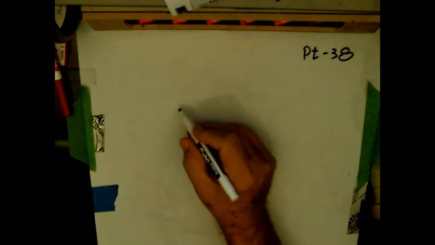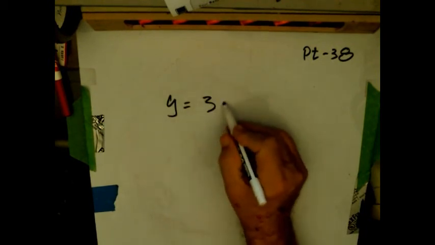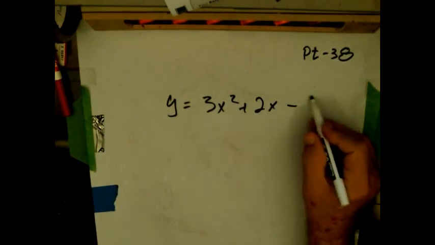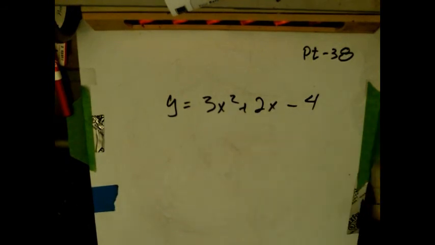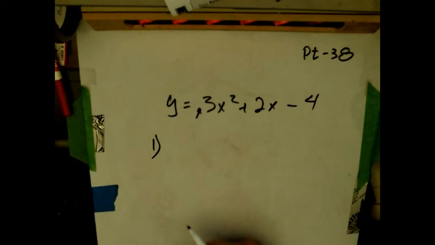Okay, so we have a little time left, and I'm just going to review why we're doing what we're doing. Let's say we have y equals 3x squared plus 2x minus 4. Step 1. I'm going to look at this and see what kind of curve I have.